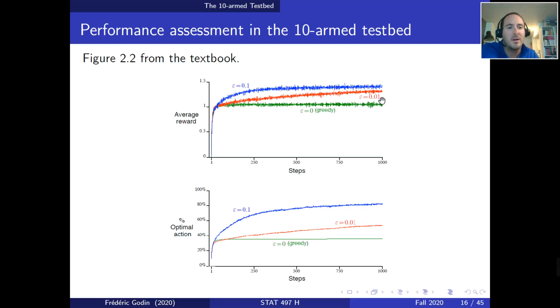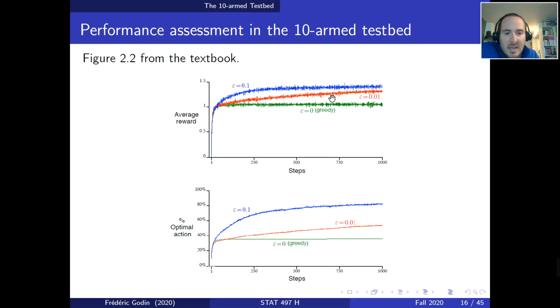The red curve takes more time to discover the optimal action. However, something we don't see here is what would happen if we had more than 1,000 plays. The experiment stops at 1,000, but what if we had 10,000 instead?